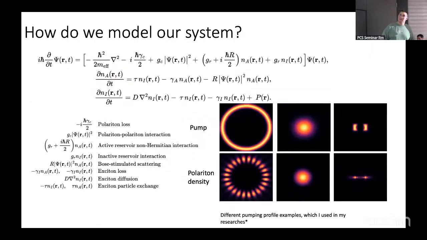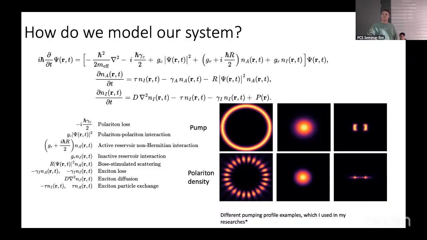So how do we model our system? The approach was standard for exciton-polariton physics. The main equation that governs the evolution of the exciton-polariton condensate is the Gross-Pitaevskii equation. It's a nonlinear Schrödinger-type equation which is non-Hermitian.